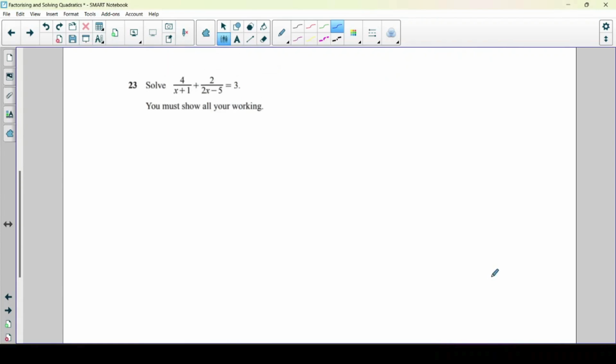Okay, so here we've got an equation which I guess is going to lead us to a quadratic. So first of all, let's rewrite this and give ourselves a little bit more space. Now to be able to combine these two fractions into one, I need to make the denominators the same.